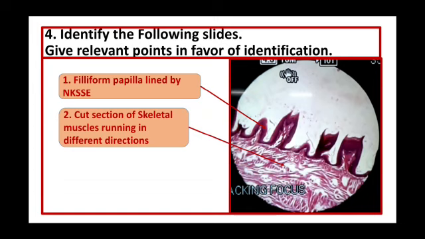So filiform papilla has been focused. So this will be lined by the non-keratinized stratified squamous epithelium. Apart from this, the cut sections of skeletal muscles are seen, which are running in various directions.